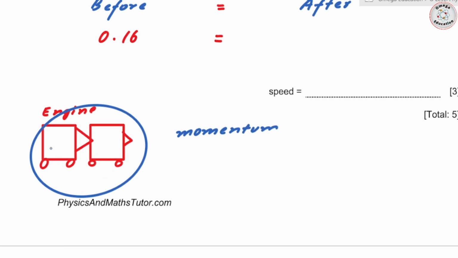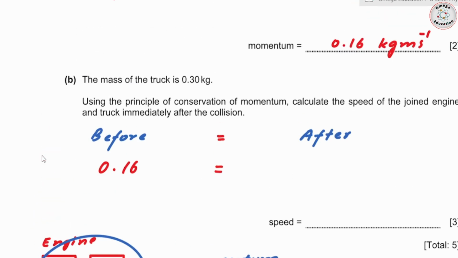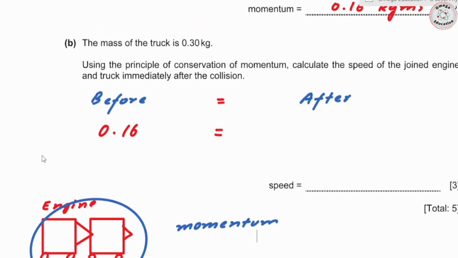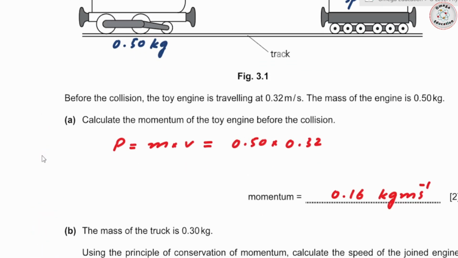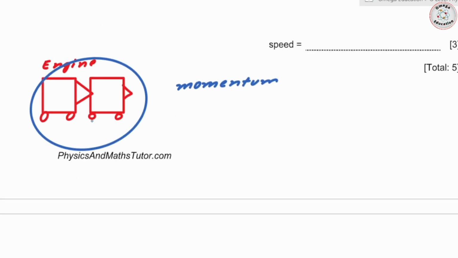Well, you can find the total mass by adding the individual masses. Mass of the engine was 0.5, mass of the truck is 0.3. So 0.5 mass for this one, 0.3 mass for this one. So the momentum equals mass into the velocity. The mass of the combined object is 0.8 times the velocity is v, because we don't know the velocity.